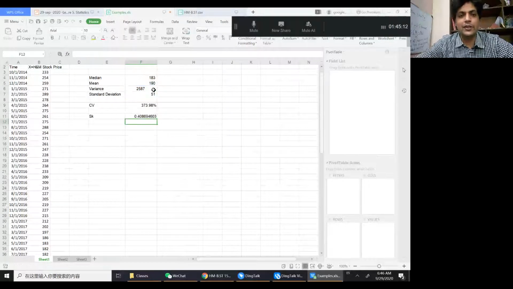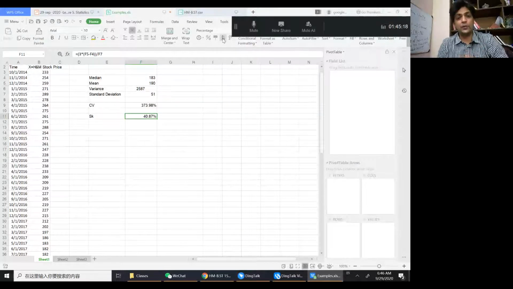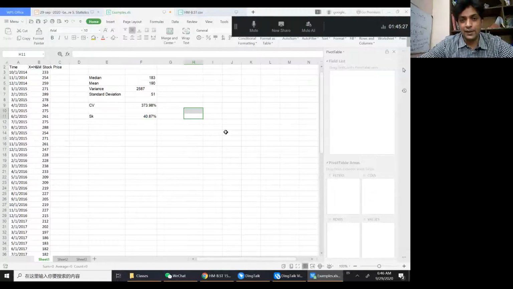So that gives us 40%. So there is a plus 40% coefficient, so it means it's positively skewed. So it's shaped like this, like positive skew. You know the shape of the positive skewed.